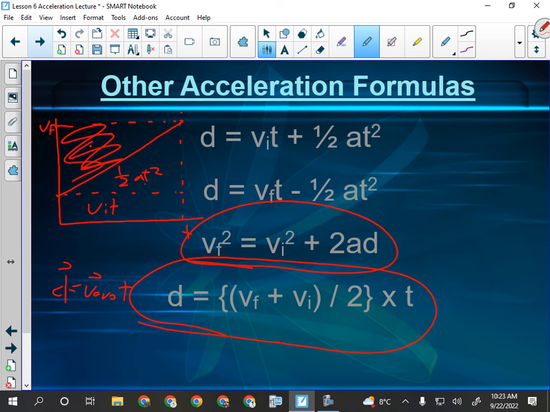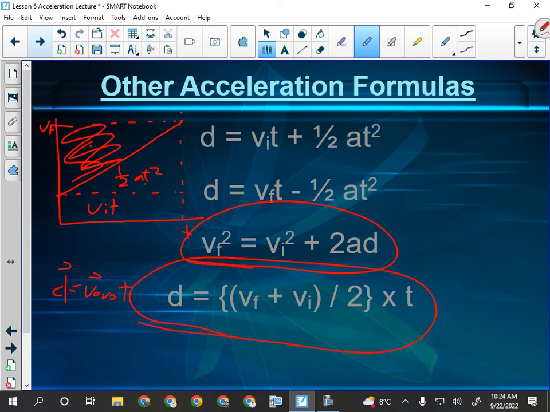The reason the acceleration has to be uniform is so that when I go VF plus VI divided by 2, I'm actually getting a perfect triangle, and I'm getting that halfway point in the middle to actually get that average velocity.